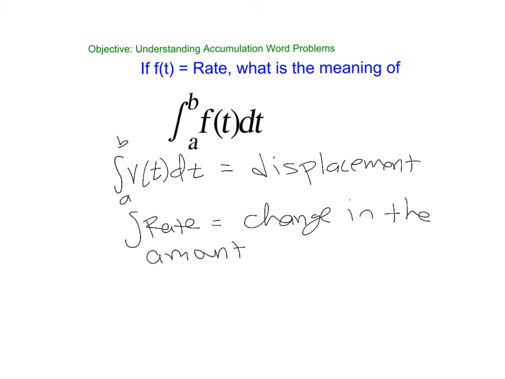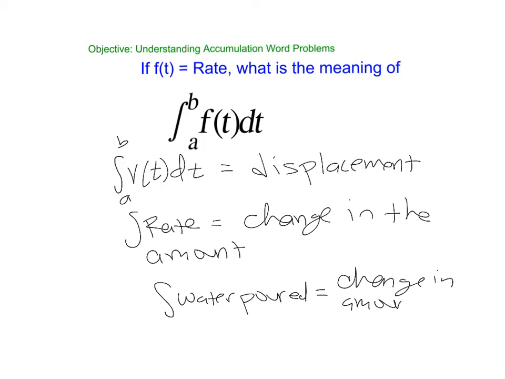Right? So if I integrate, say, the rate of water being poured, right? Water poured. That would be the change in the amount of water. So it's just taking that rate and turning it into like a total amount, but it's really about displacement.